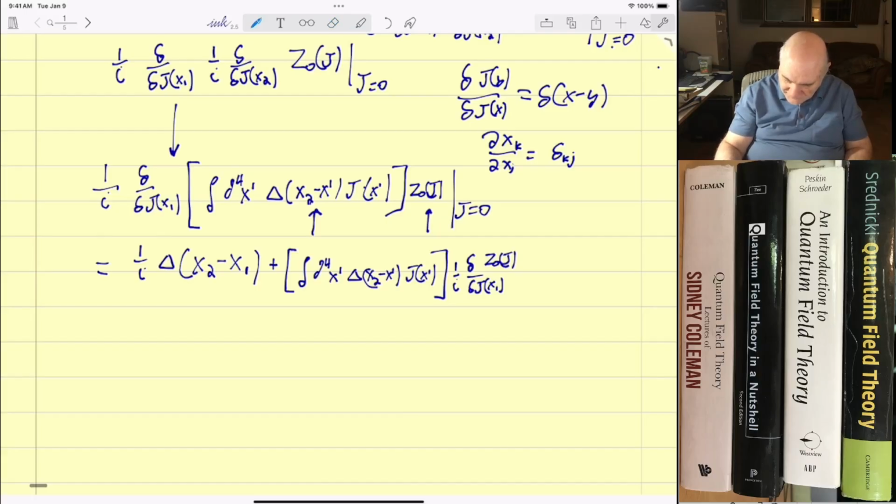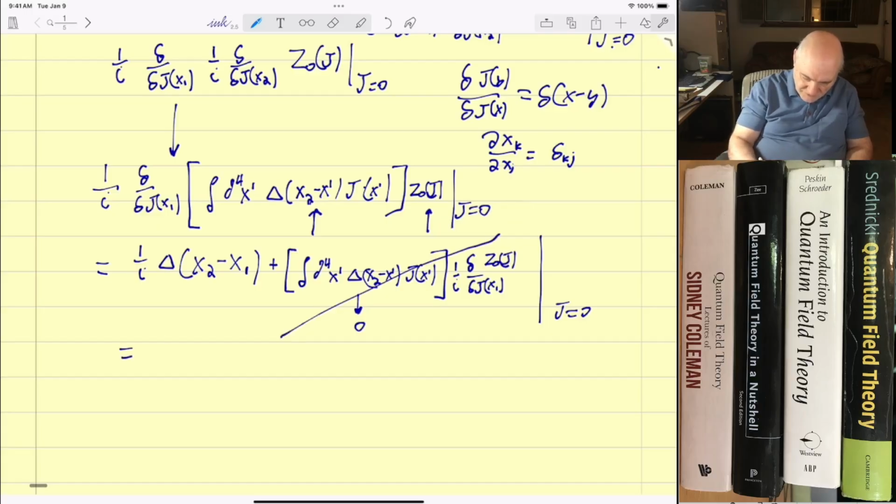In this term over here, and the whole thing is going to be evaluated at J equals 0, this is going to bring down more factors, but when we set J equals 0, this is going to go to 0. So it doesn't matter. We don't have to take this actual derivative here because this term just gets wiped out. So we're left with 1 over i Feynman propagator (x2 minus x1). Nice result.